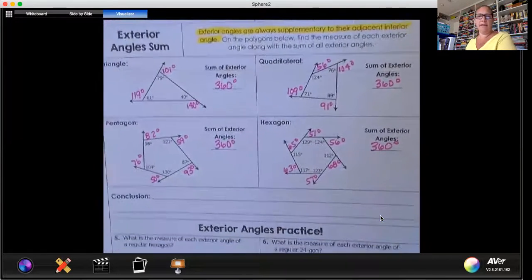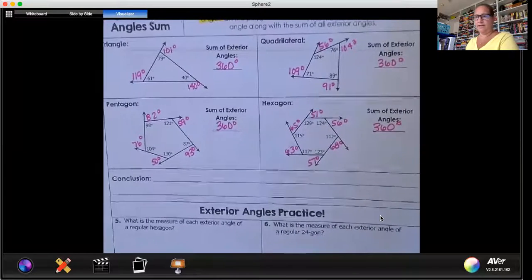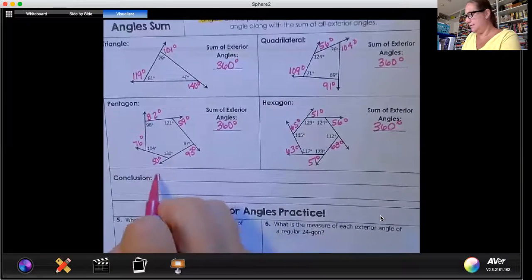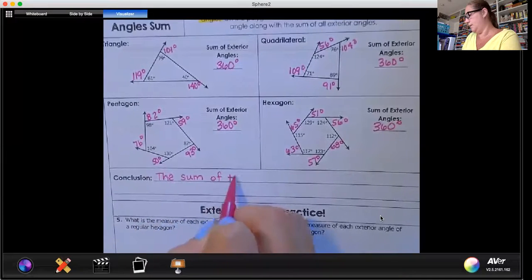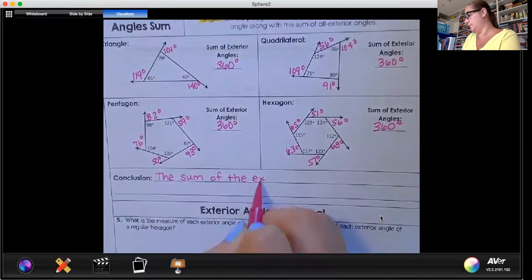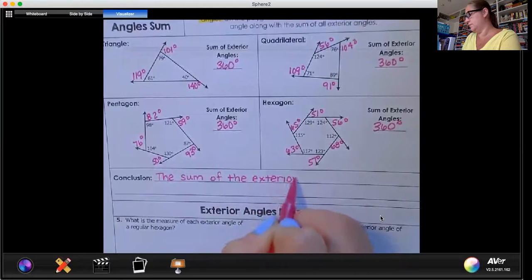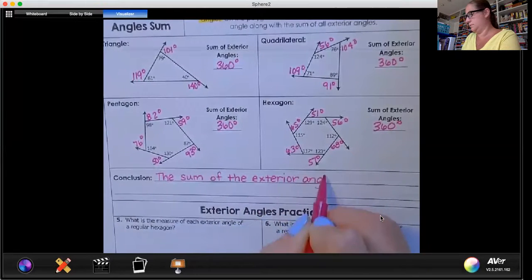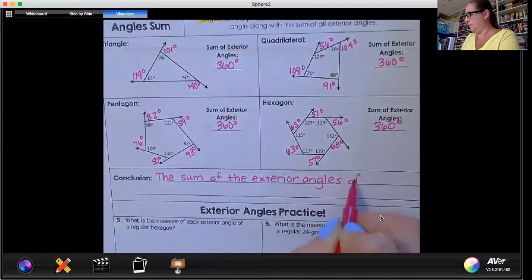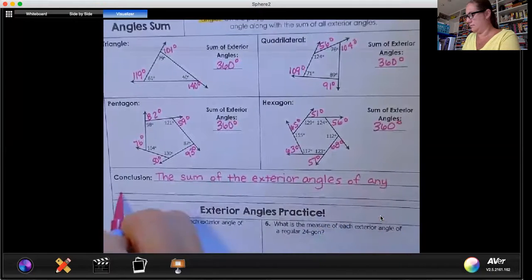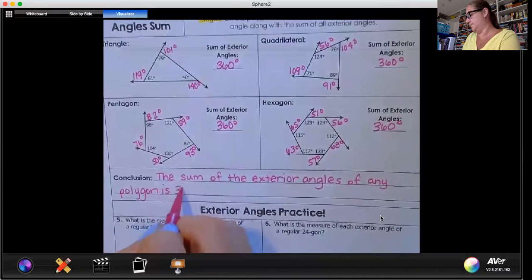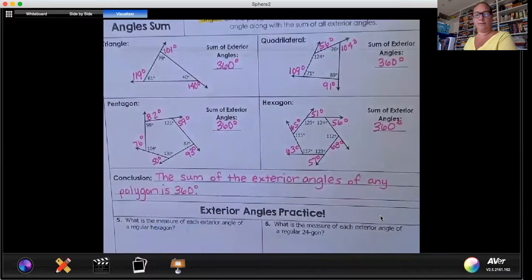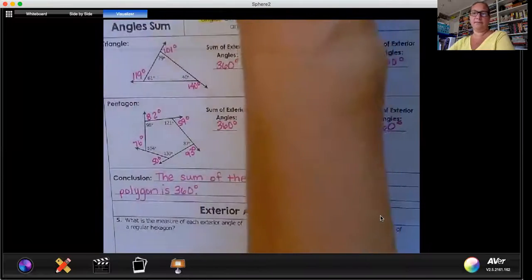All right, in filling out all of your exterior angles, you should see that the sum of the exterior angles of any polygon is 360 degrees. Doesn't matter the number of sides.